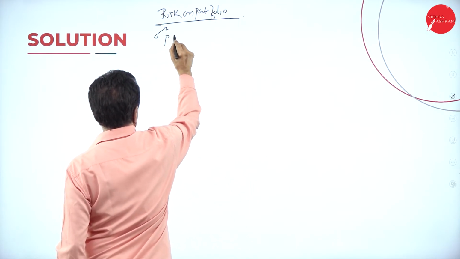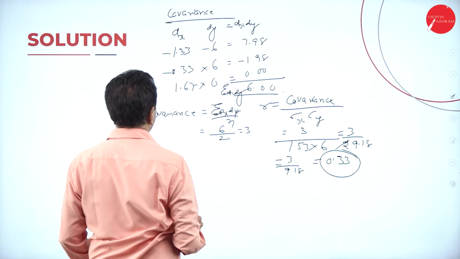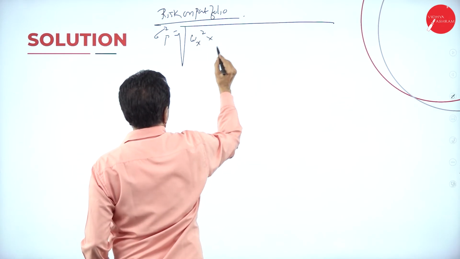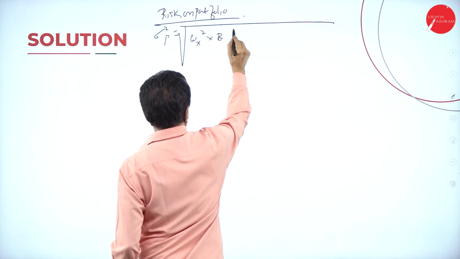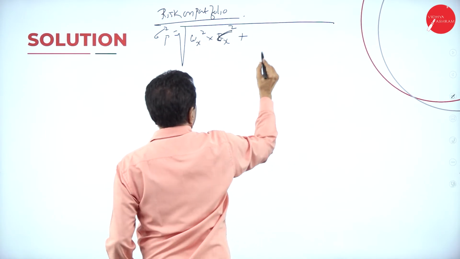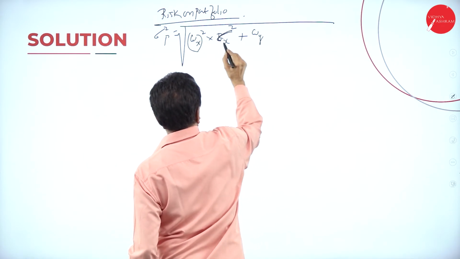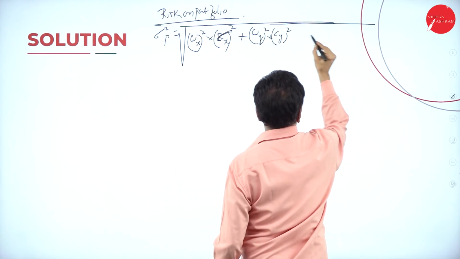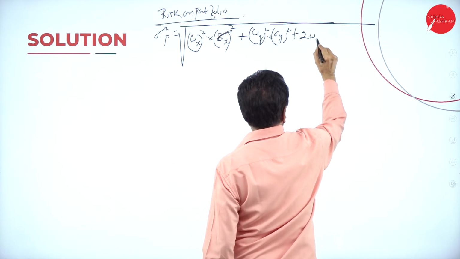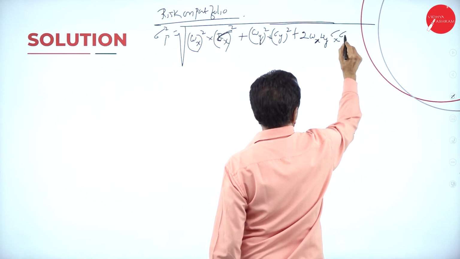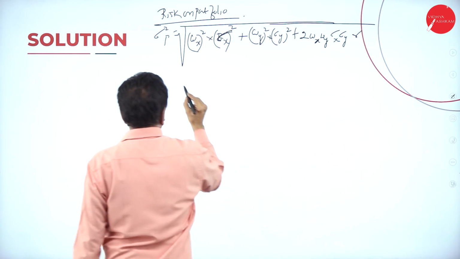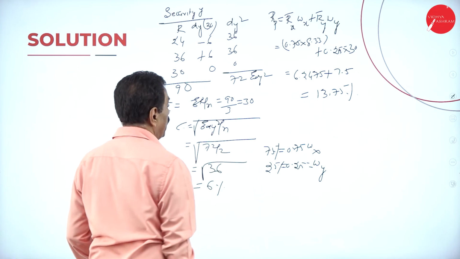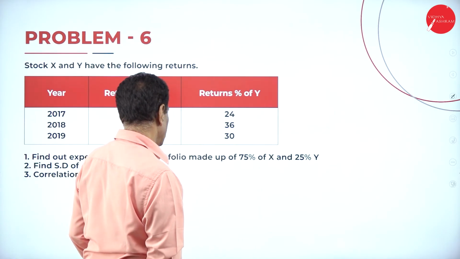Standard deviation P is equal to root of Wx square into standard deviation x whole square, plus Wy whole square into standard deviation y whole square, plus 2 into Wx, Wy, standard deviation x, standard deviation y, into R. What is your Wx weight? 75%.